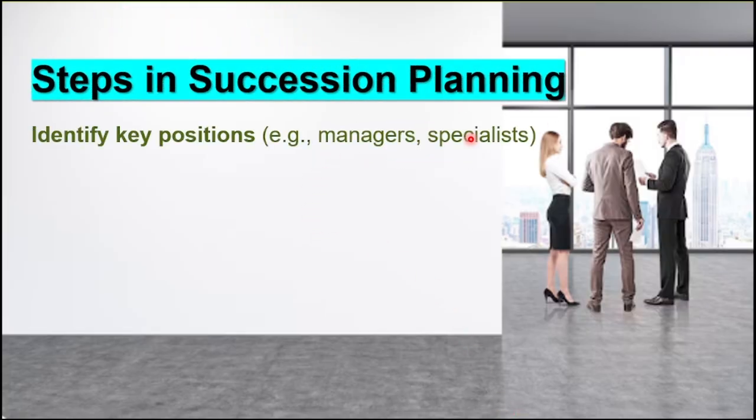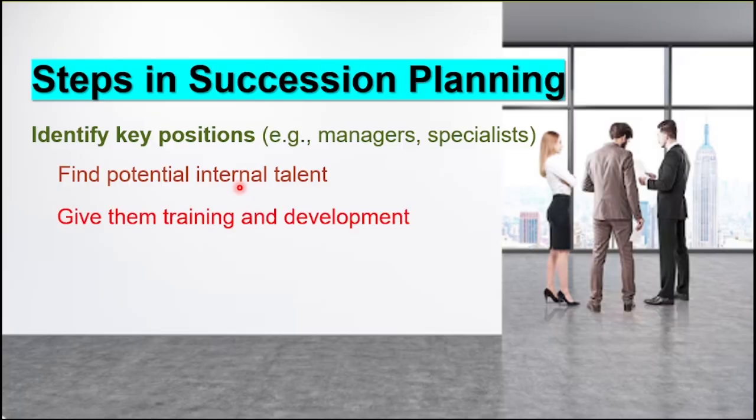Let's see the steps in a succession plan. Step number 1 is to identify key positions, for example manager or specialist. Second is to find potential internal talent, because if you choose a person to do the work of another person, they must have the talent to do multiple tasks.